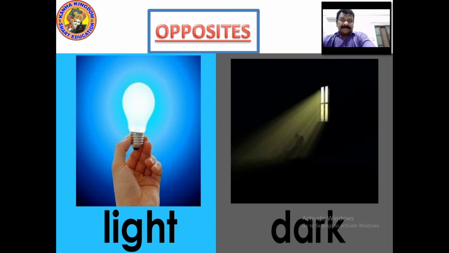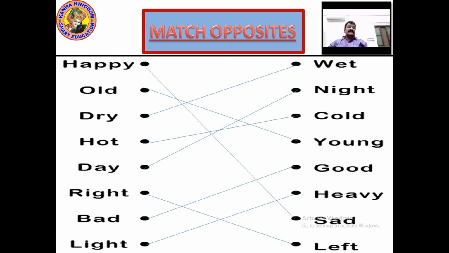Next is an exercise to do. Yes, please write this down first. You can see, match the opposites. There are opposites given on the one side, which you have to match on the other side.